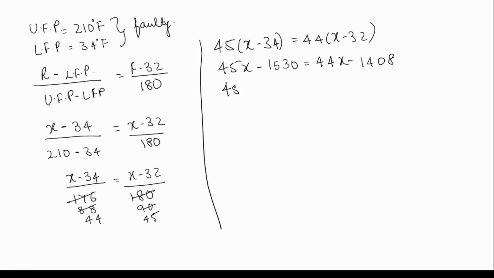So 44x, if it comes this side, it becomes minus 44x, and 1530 minus 1408 goes to the other side. So 45x minus 44x is x, that is nothing but 1x. So 1530 minus 1408 is 122.